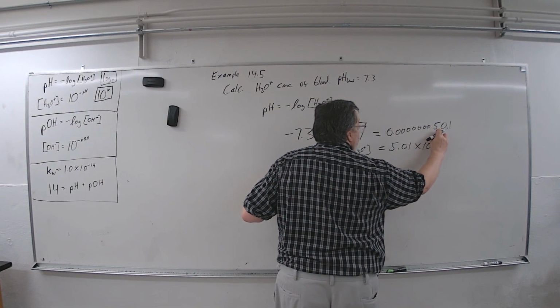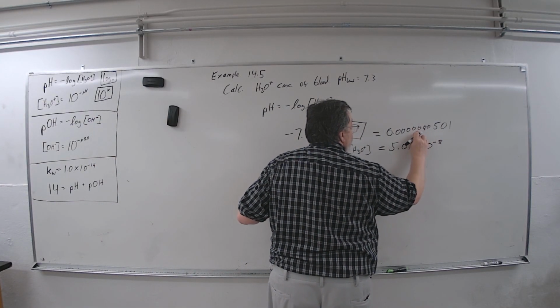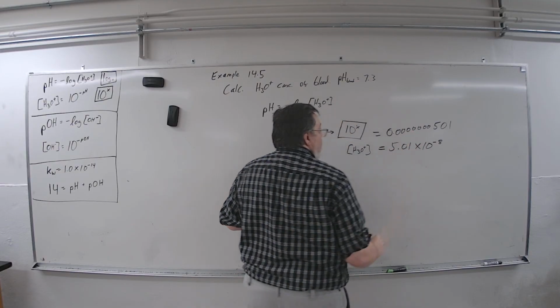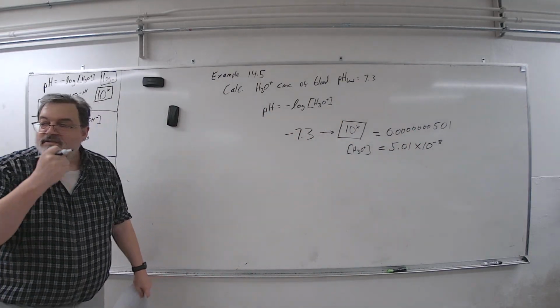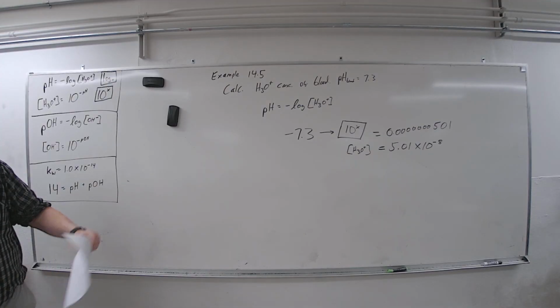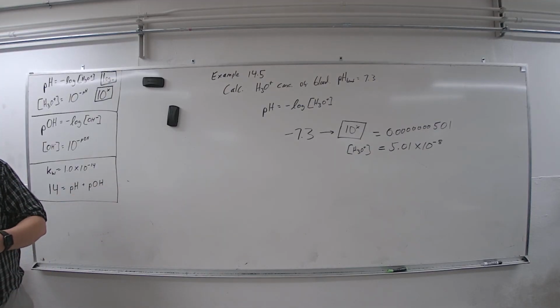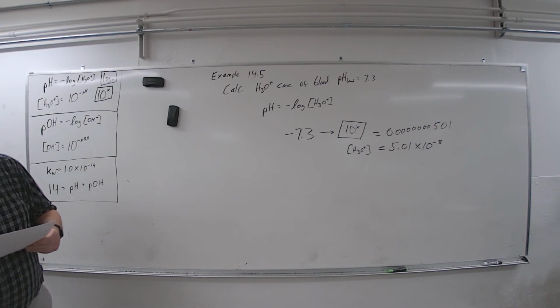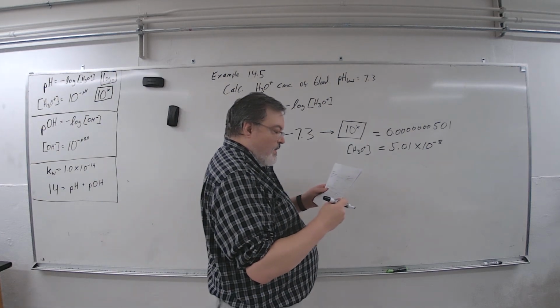So 5.1, 1, 2, 3, 4, 5, 6, 7. I'm making this seem more complicated than it is. Your calculator does all the work for these. If you just practice doing them, you'll be okay. Let me ask you another question.